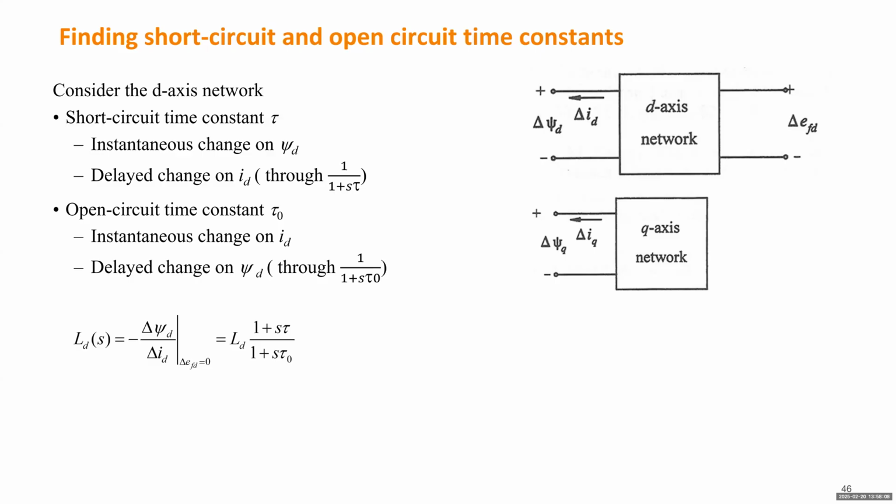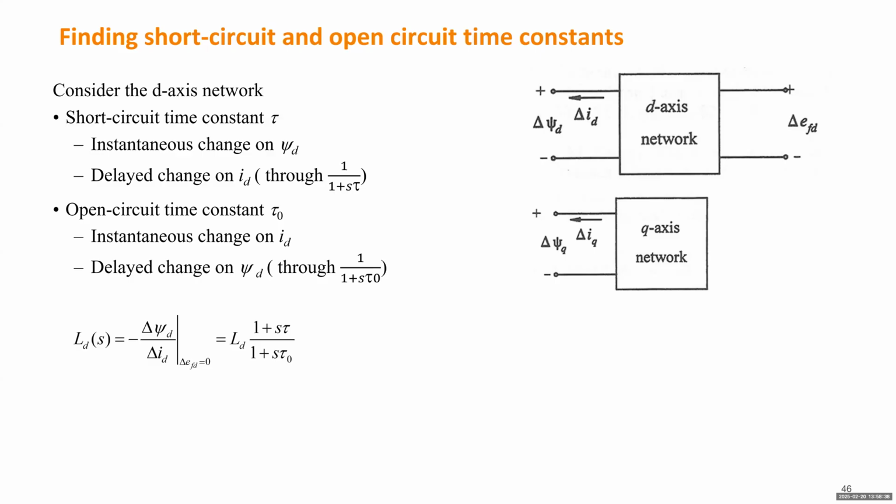Is this clear? Because when you have instantaneous voltage, that will cause a delayed change on current. So that time constant is tau. When you have an instantaneous change on current, you have a delayed change on the voltage. So that time constant is tau 0, which means voltage divided by current.